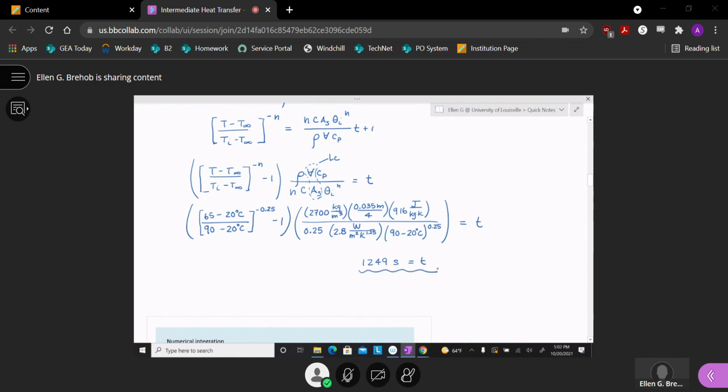So crunching through the numbers, it says that it takes 1,249 seconds for this bar to cool down to 65 degrees C.